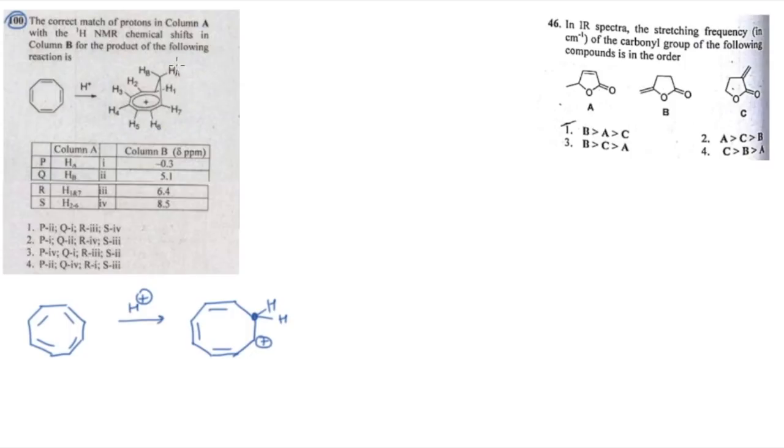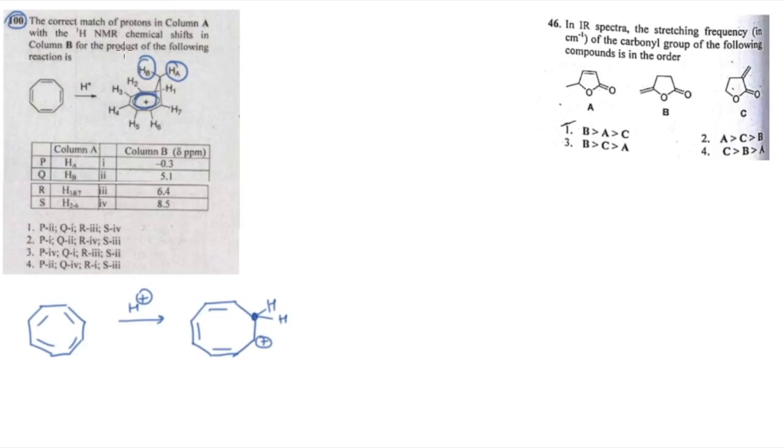Now talking about these 2 protons, HA and HB. This is the aromatic ring current, and you know that whatever comes under this aromatic ring current becomes highly shielded. This HB will become very highly shielded due to the ring current of this aromatic ring, so it will give you a very negative chemical shift.